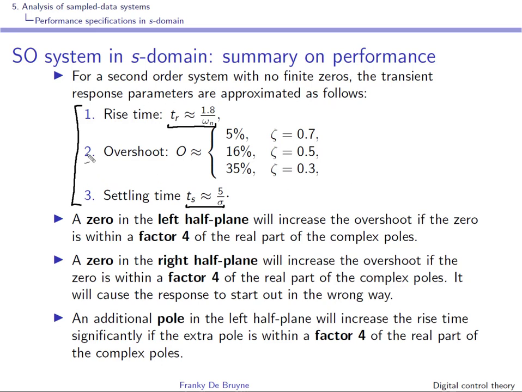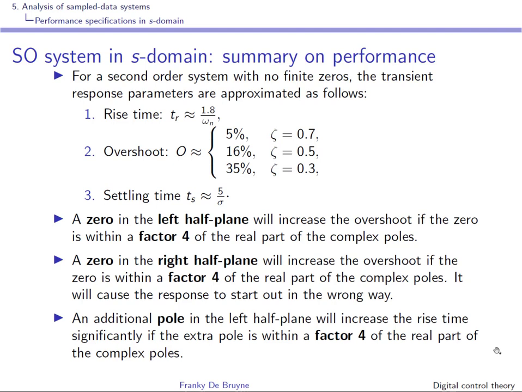Associated with this, you should have a look also at the region of good performance. Obviously, in most designs you have the presence of a zero or more zeros, a pole or more poles, and a zero either in the left half plane or in the right half plane will typically increase the overshoot if the zero is within a factor 4 of the real part of the complex poles.